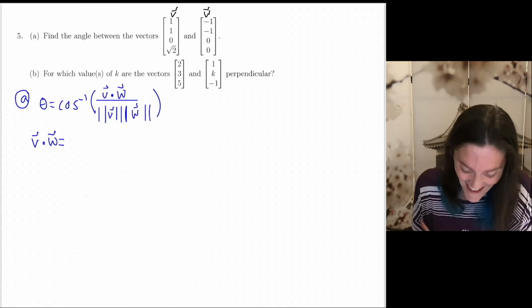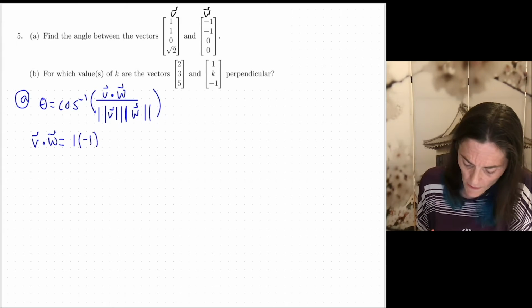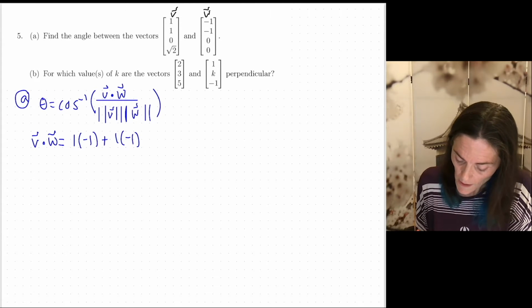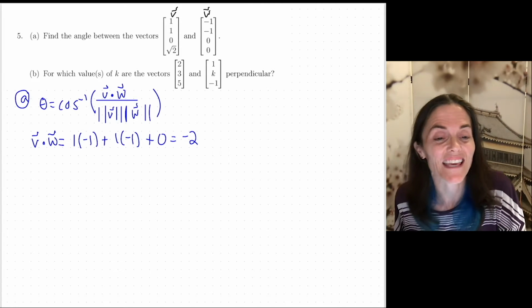Okay, we have V dot W, which is 1 times minus 1, plus 1 times minus 1, plus 0 and 0, we get -2.